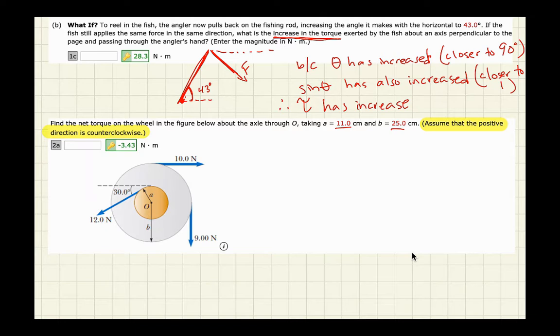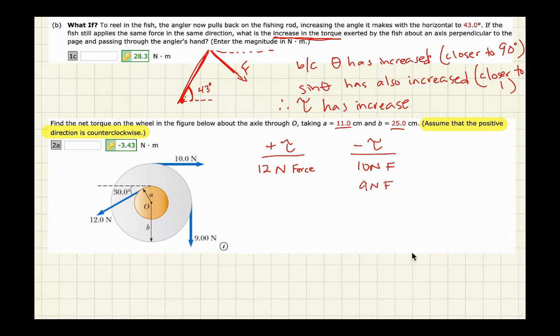And so what that means is positive torques will be defined by the 12 Newton force, and negative torques will be defined by the 10 Newton force and the 9 Newton force.